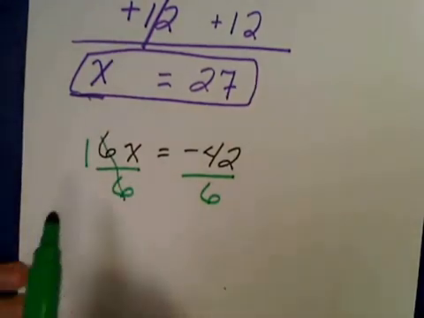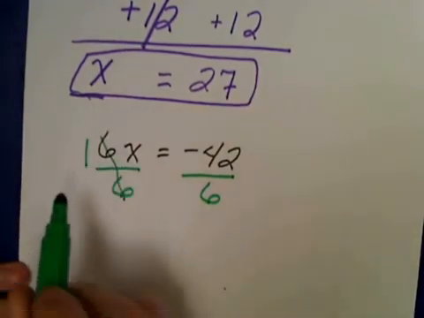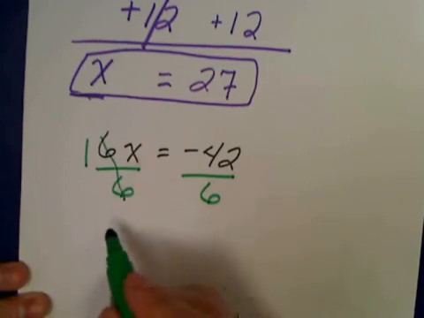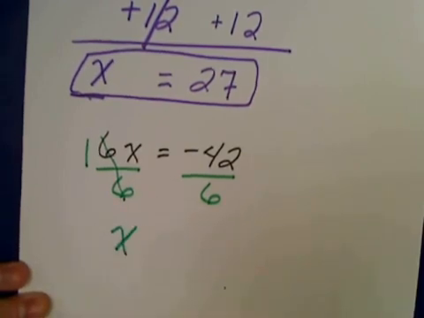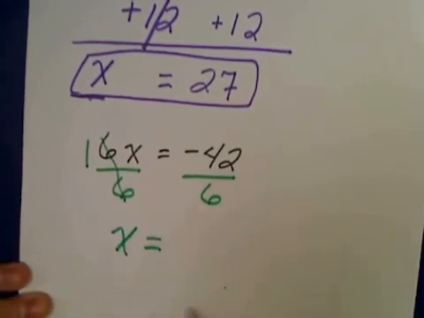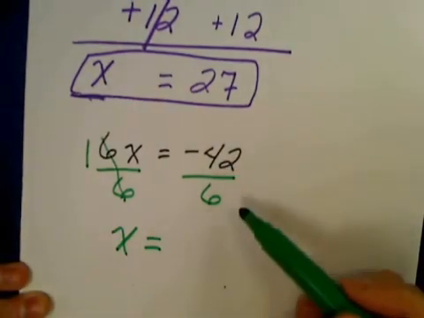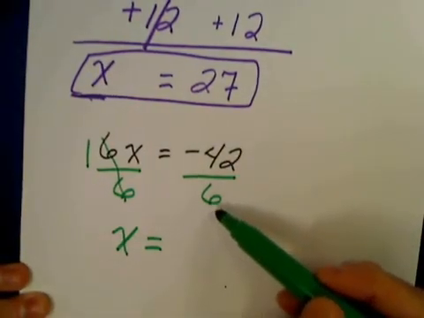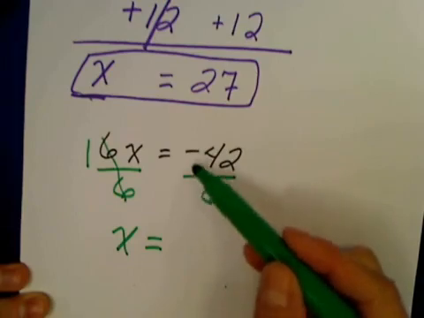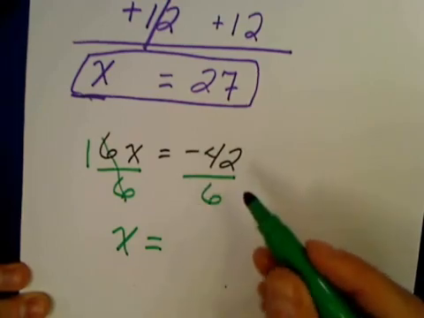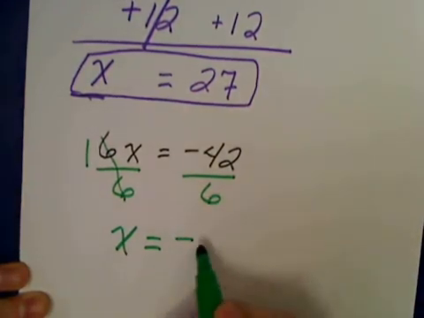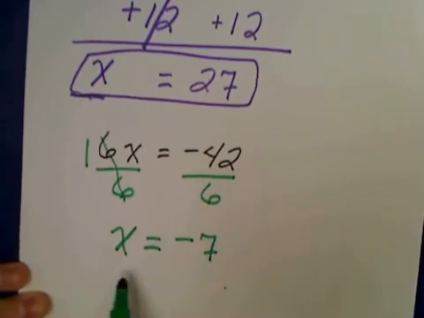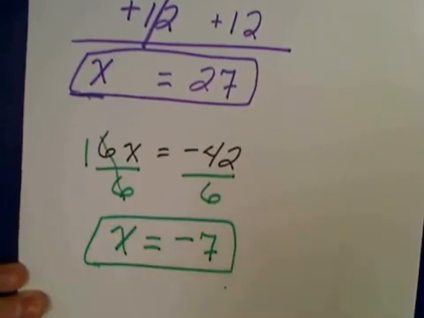So now you have 1 times x, and 1 times anything is anything, and that's how we get x by itself. On the other side, I have a negative 42 divided by 6. When multiplying or dividing, if we have opposite signs, the answer stays negative. And there's our solution.